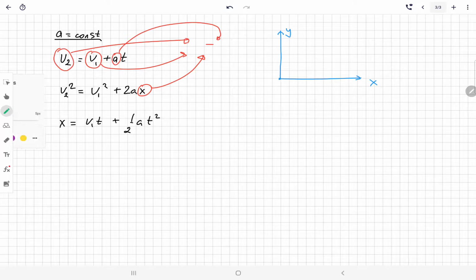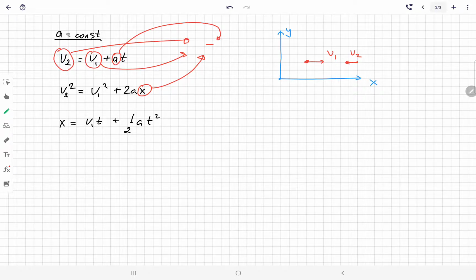That's all. So let's say you have a car. If it's moving to the right, let's say initial velocity, it means you should use a positive number for v1 because it's moving to the right. If after some time it's here and it will be moving to the left, for example, here you should use a negative number.